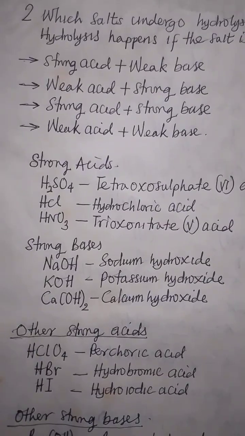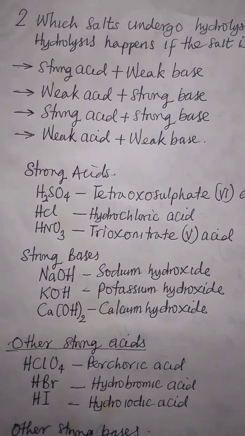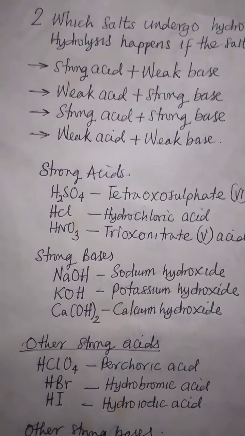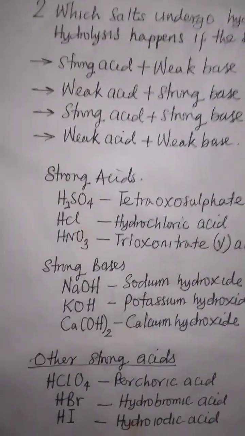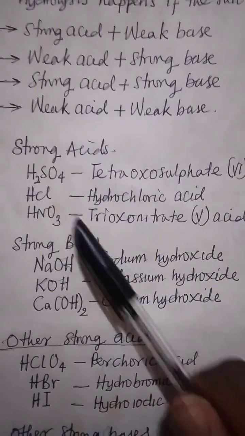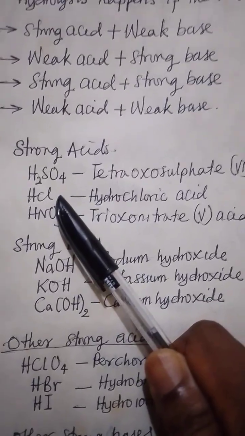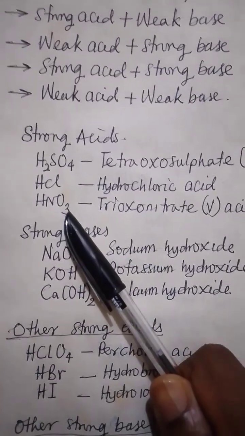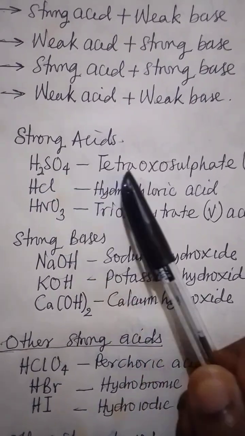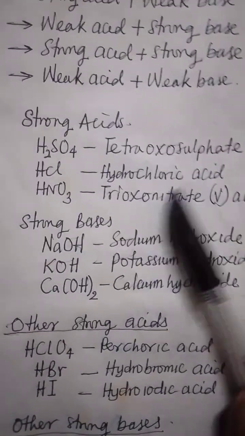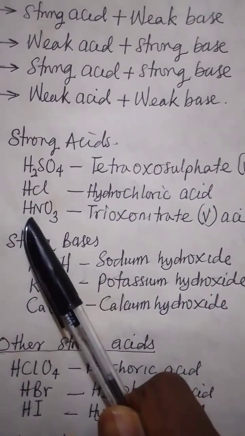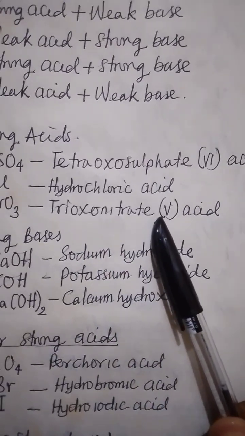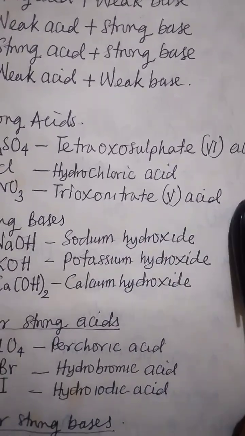It dissociates or ionizes completely, not partially. Some examples of strong acids are H2SO4, HCl, HNO3. So H2SO4, that's tetraoxosulfate(VI) acid, HCl, hydrochloric acid, HNO3, trioxonitrate(V) acid.